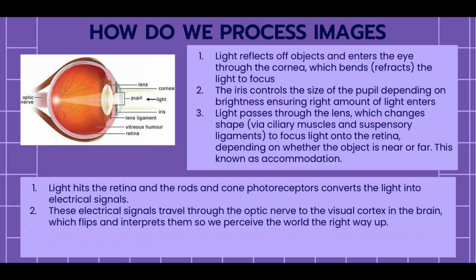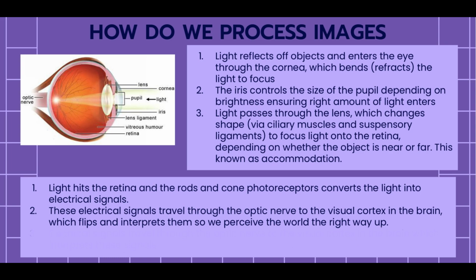During the process, light reflects off objects and enters the eye through the cornea, which bends the light to focus. The iris controls the size of the pupil depending on the brightness, ensuring that the right amount of light enters, and the light passes through the lens, which changes shape via the ciliary muscles and suspensory ligament, and these focus light onto the retina.